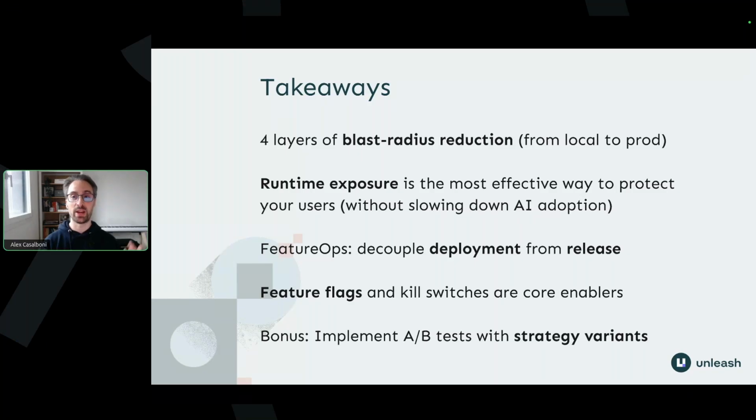So if you want to do that without slowing down AI adoption, FeatureOps is the way to go. The main superpower you unlock is this idea of decoupling deployments from releases, and that's super powerful. Feature flags and kill switches are tools in your toolbox that enable this new approach, especially if you're going at AI speed with AI coding assistants.